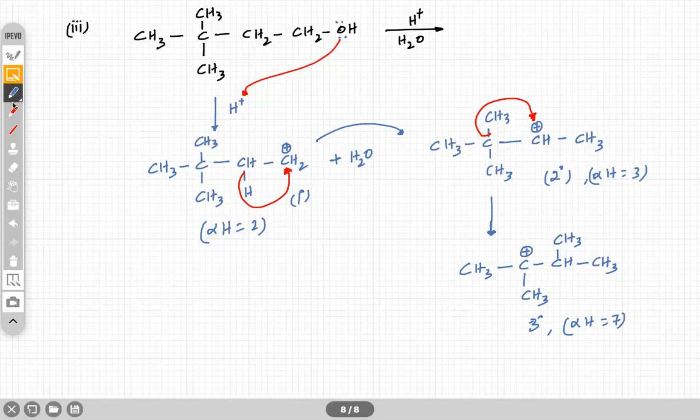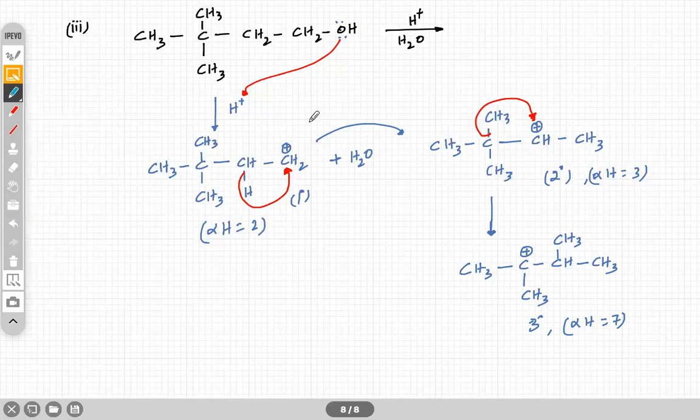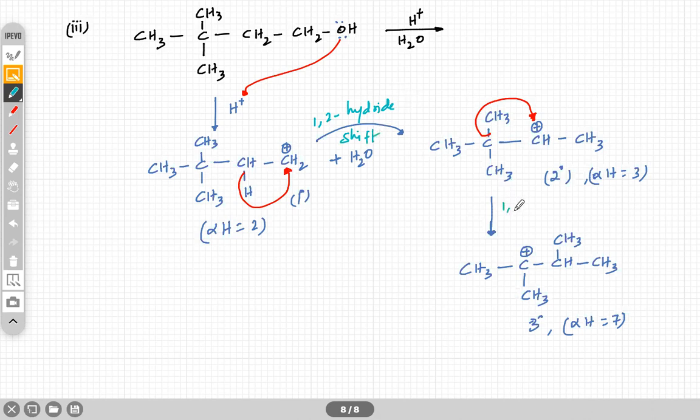So this one was a 1,2 hydride shift, and this one is a 1,2 methyl shift.